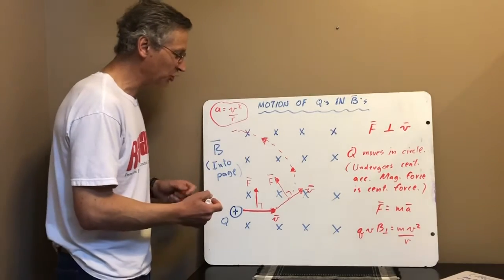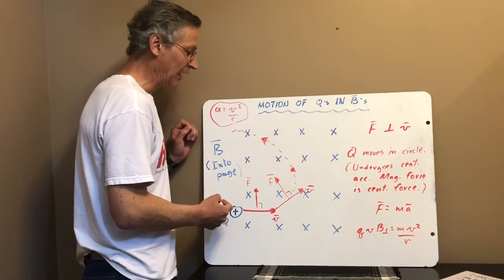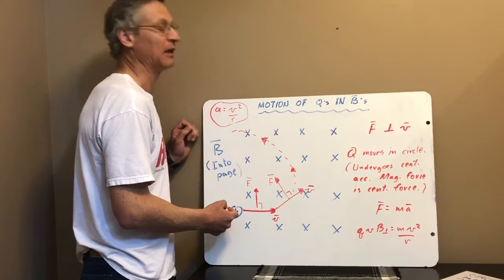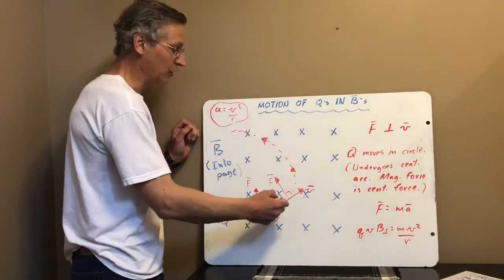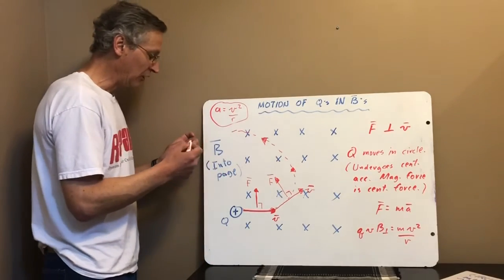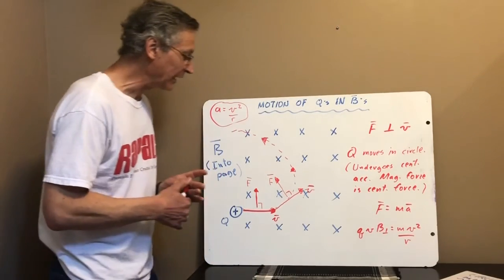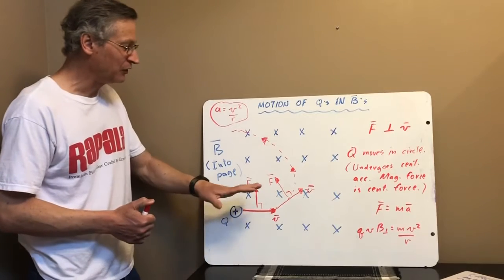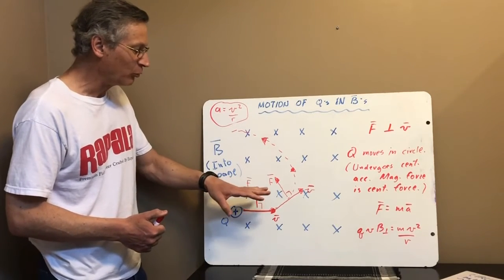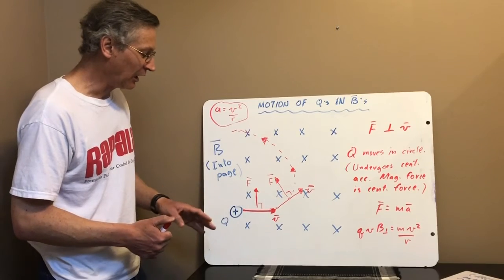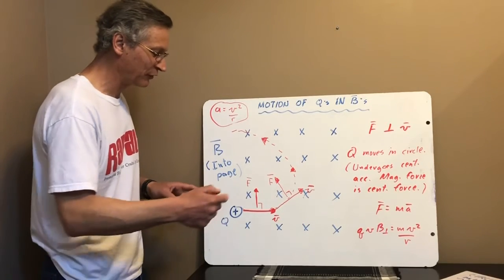If an electric charge enters a magnetic field, it's going to move in a circle. If you take more advanced courses, right now we have our magnetic field nicely lined up perfectly into the page.